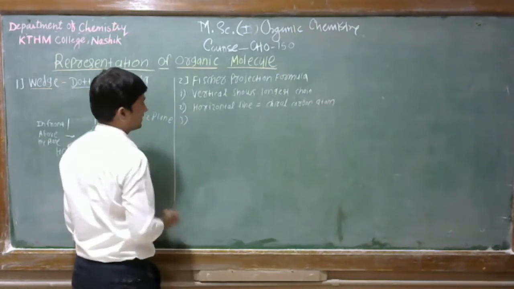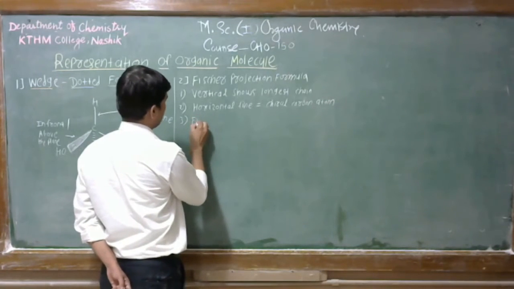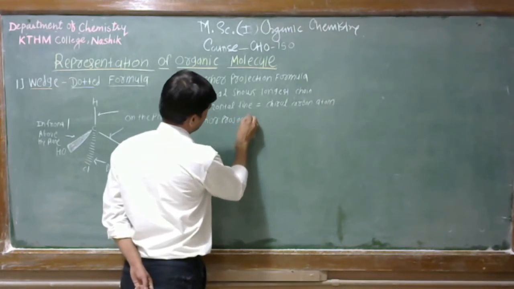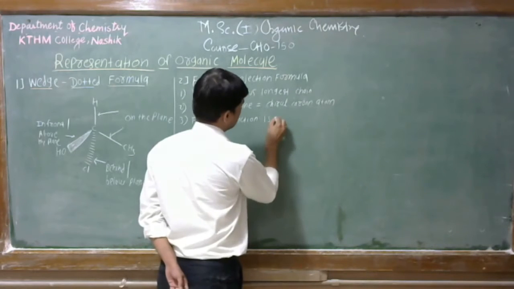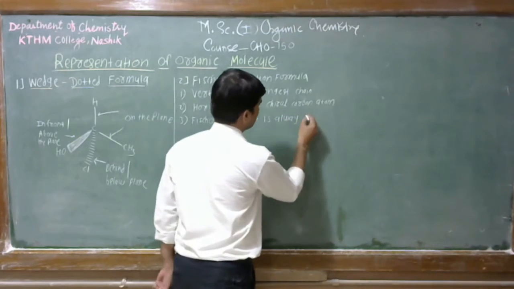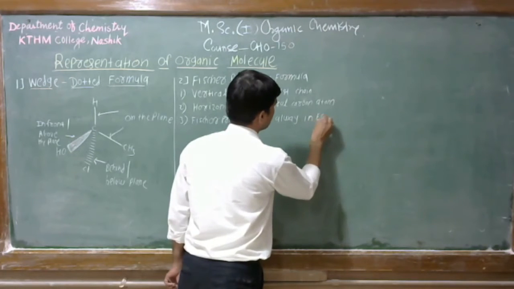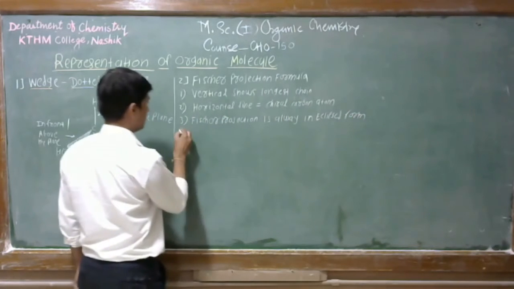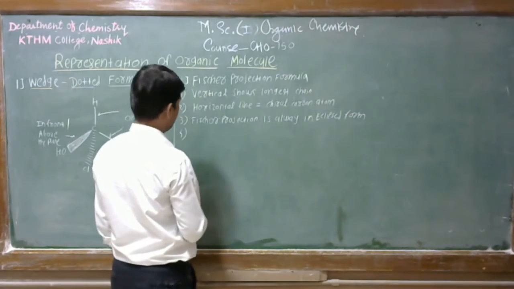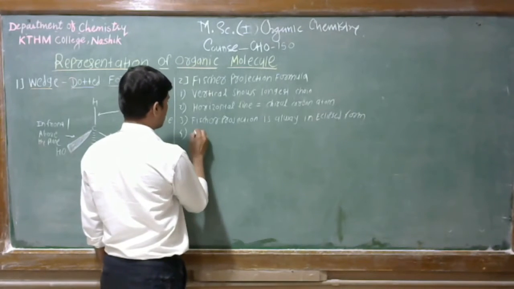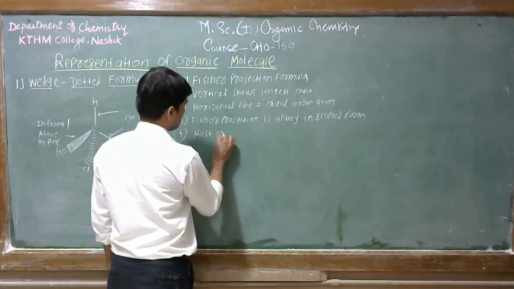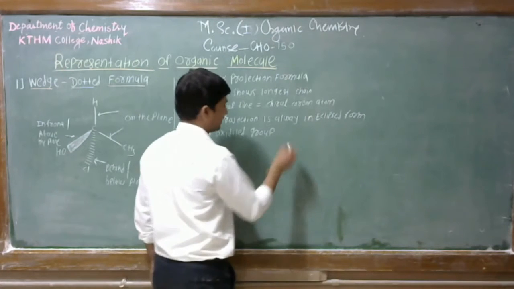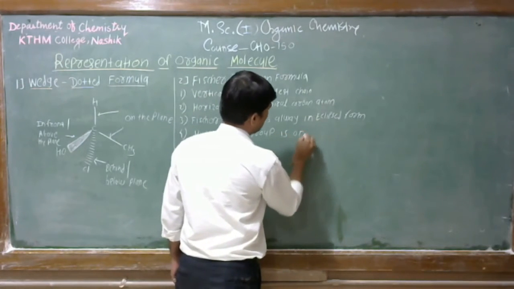The third point is that the Fischer projection formula is always in eclipsed form, and the fourth point is that the most oxidized group is on the topmost position.